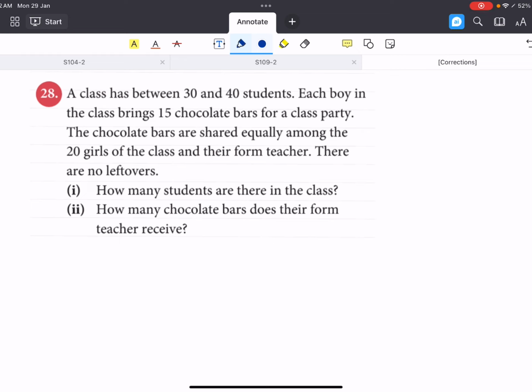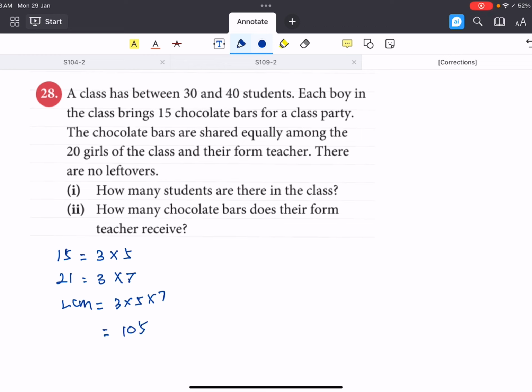So 15 is 3 times 5, 21 is 3 times 7, so the LCM is going to be 3 times 5 times 7. That will give us 105.